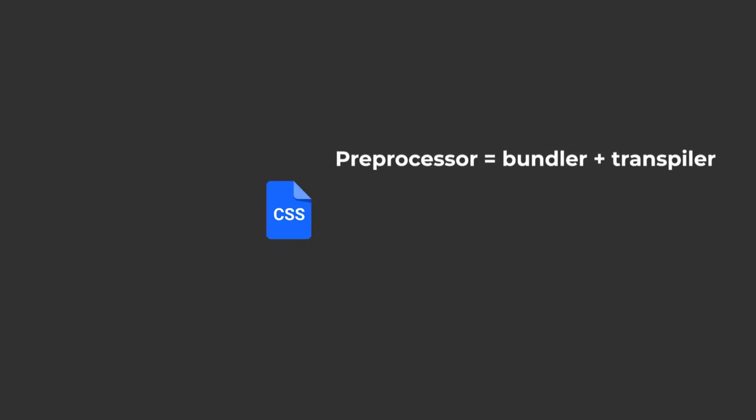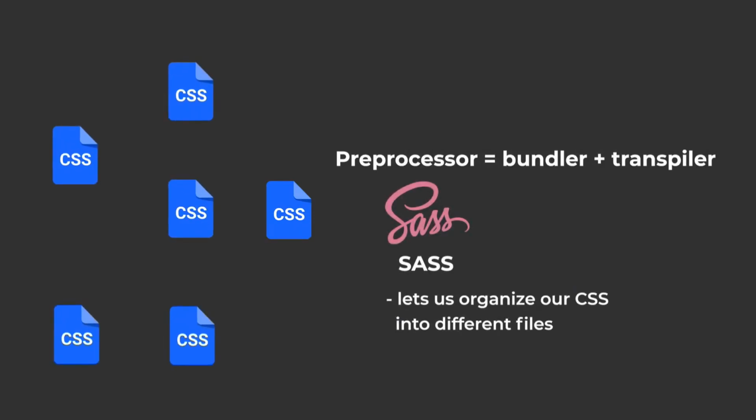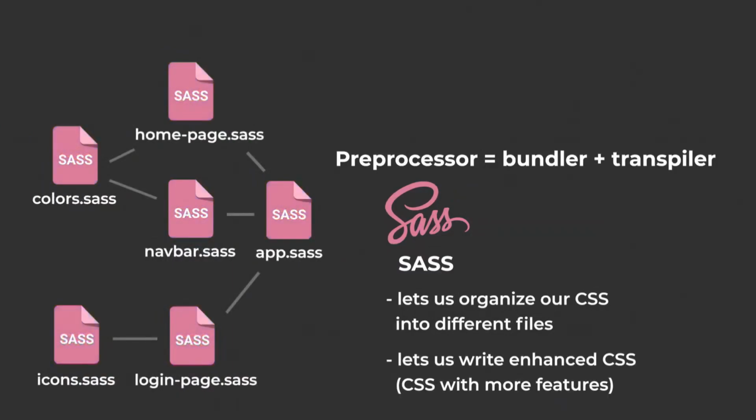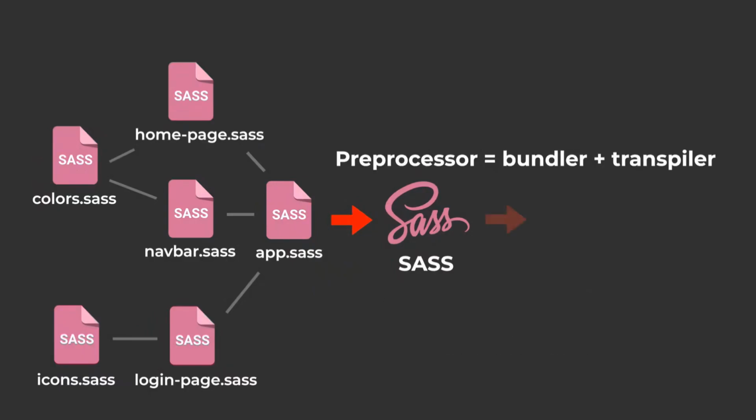The most popular CSS preprocessor you've probably heard of is called Sass. Sass lets us organize our CSS into different files, and it lets us write enhanced CSS. And then it will bundle all of those files together into one file, and it will transform the enhanced CSS back into normal CSS. So you can think of it sort of like a bundler and a transpiler combined.